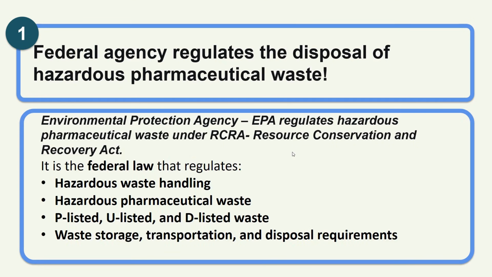According to the Act, it is a federal law that regulates hazardous waste handling and also hazardous pharmaceutical waste, and those are substances listed as P, U, and D listed waste. Waste storage, transportation, and disposal requirements are part of these Environmental Protection Agency regulations for hazardous pharmaceutical waste.